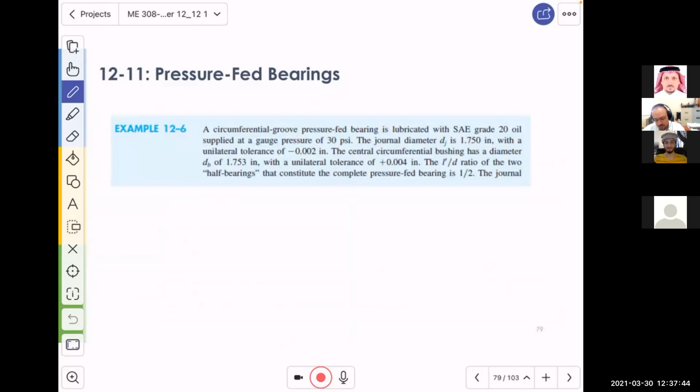Before I talk about this, guys, I want you to remember one thing, and I don't mean to push on this a lot, but it's worth reminding you about it. Can you imagine that if anybody tells you everything you study here should be thrown in the garbage, and then you tell him, show me how we pick a journal bearing, I am pretty confident that he will show you the curves for Raimondi and Boyd.